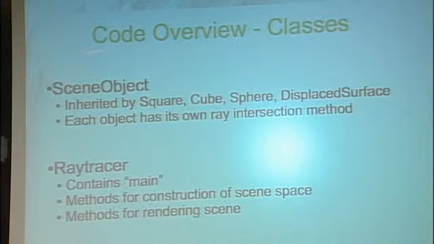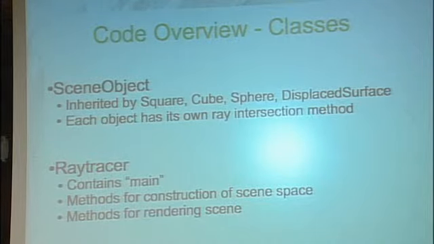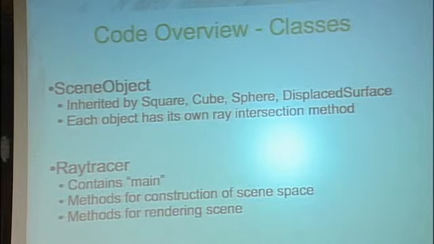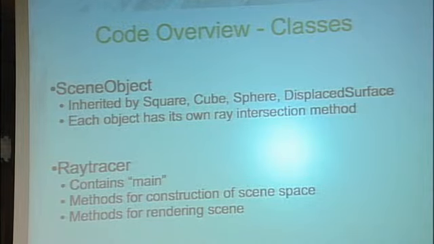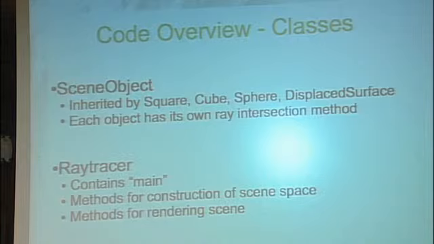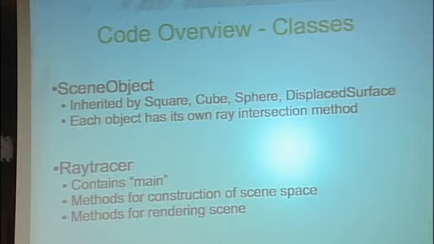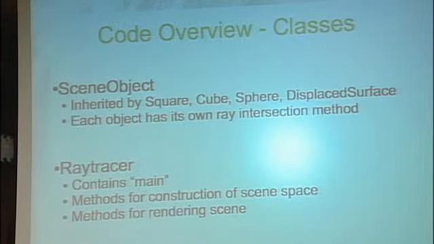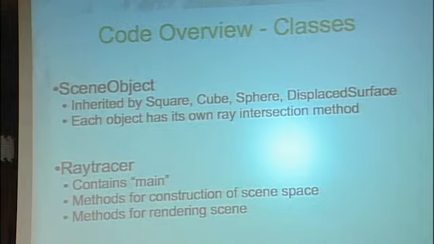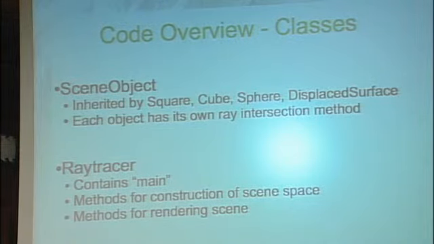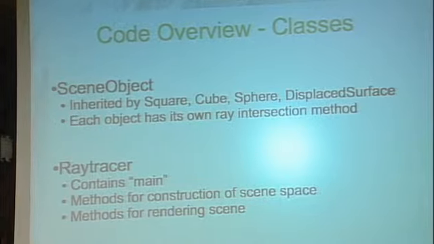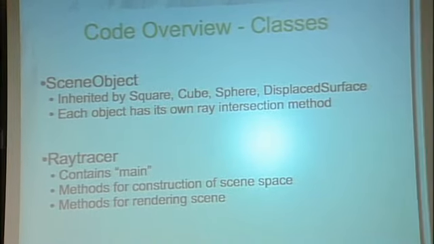First is scene object, which is the parent class for all of the objects that will be used to construct the scenes you'll be rendering. Every scene object has a ray intersection method that's called whenever you trace a ray, and it'll return where the ray intersection is and the object.